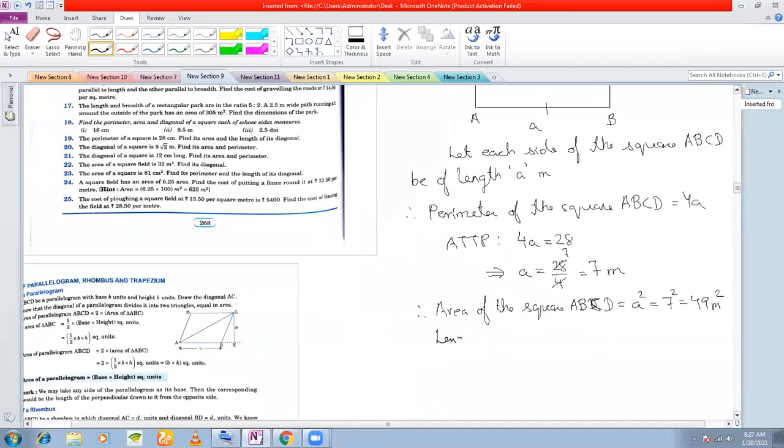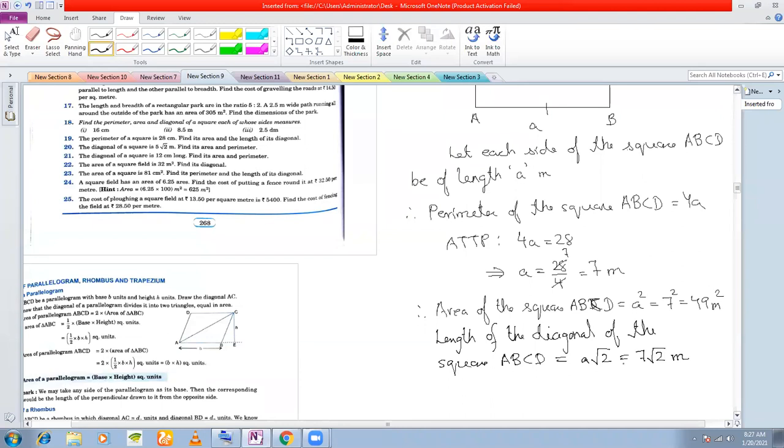So length of the diagonal of the square ABCD is equal to a root 2. And what is the value of a we have found? 7. So 7 root 2 meters.